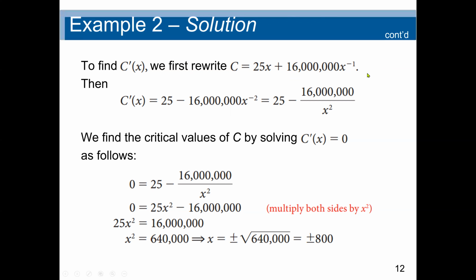So we have x to the power -1, so x will be raised to the power -2, and in front we have -1. We know the derivative of x to the n is n times x to the power n minus 1. So we get 25 minus 16 million x to the power negative 2.